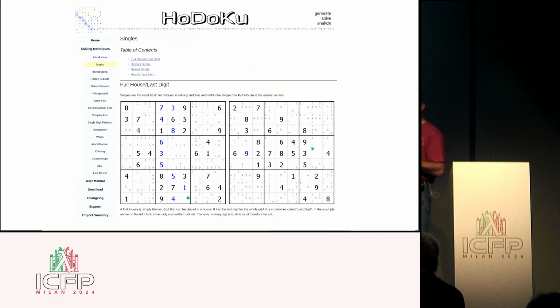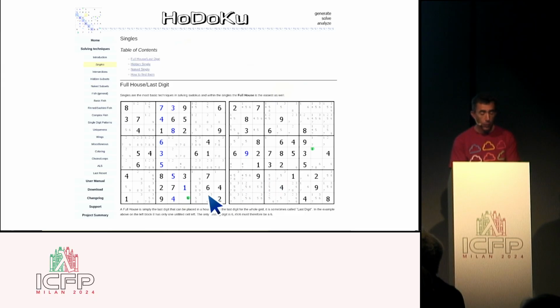It's called full house, in reference to a house in this terminology. A house is either a row, a column, or a subsquare. And the rule of the game is that for each house, you have to use the 9 different numbers. So here, it's obvious that it can only be a 6, because this is the only number left over there, and it can only go here.